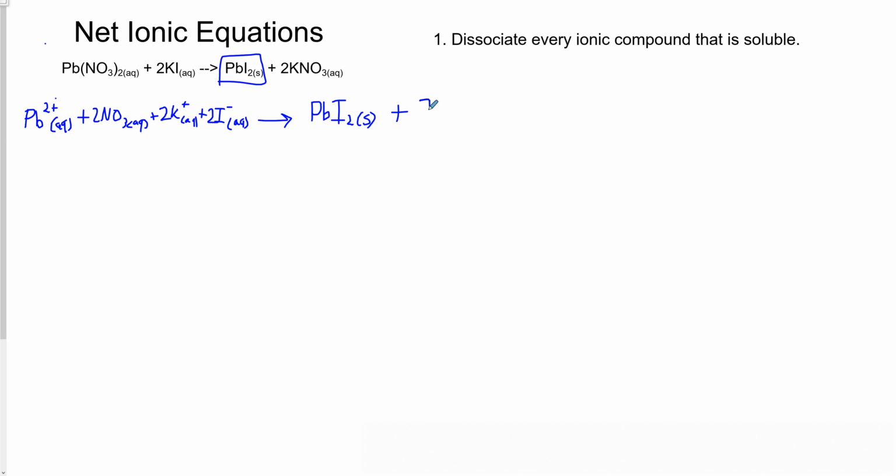That's going to make 2 K+ aqueous and 2 nitrate ions, 2 NO3-, aqueous. So we've dissociated all of the ionic compounds that are soluble in water.